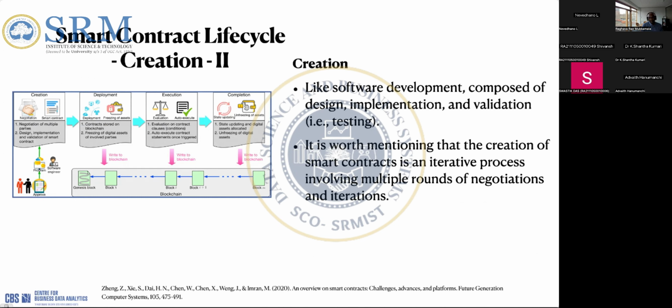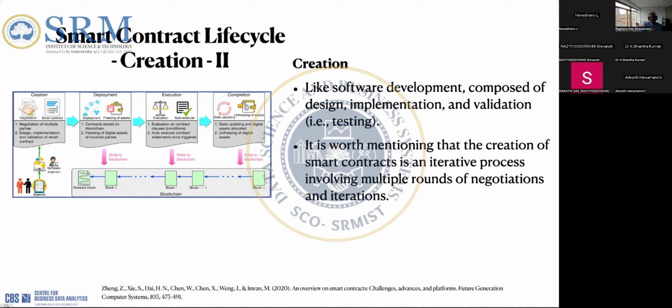Again, this is like a small software project. Like any kind of software development, it will have different stages. For example, you need to think about the design and implementation, what type of things you need to implement, whether you need wallets or dependencies and other things.